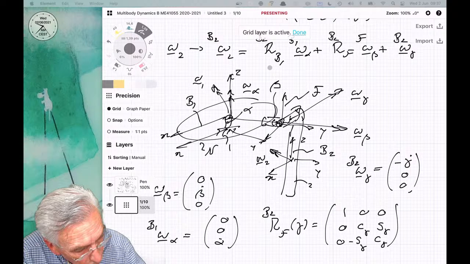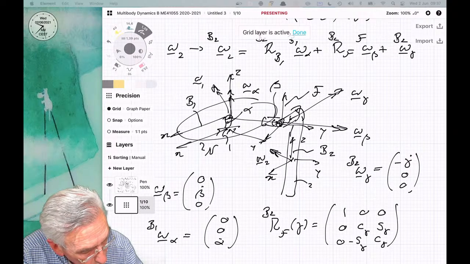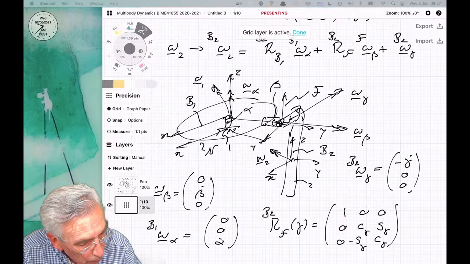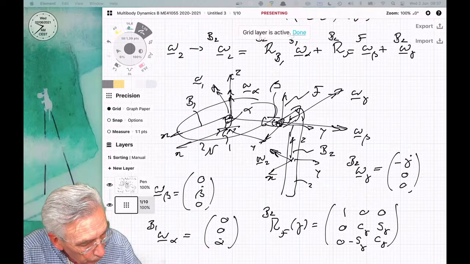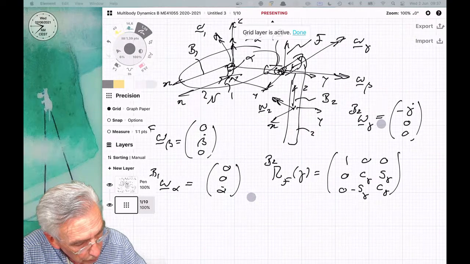Now we need to know this one. So we have to go from this body to this body, right? Because this angular speed has to go to this body. So from this one to this. And then we see, oh, I can go from B2 to F, and I can go from F to B1. So let's write that out.